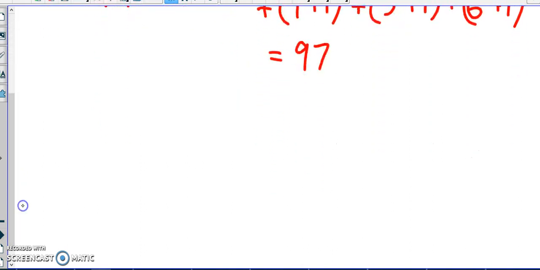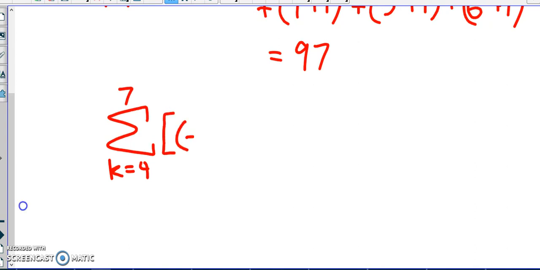All right, what if we did this? The sum from k equals 4 to 7 of negative 2 to the kth power minus 5. Well, note that on this one, the lower limit is 4, so you would start adding at 4.